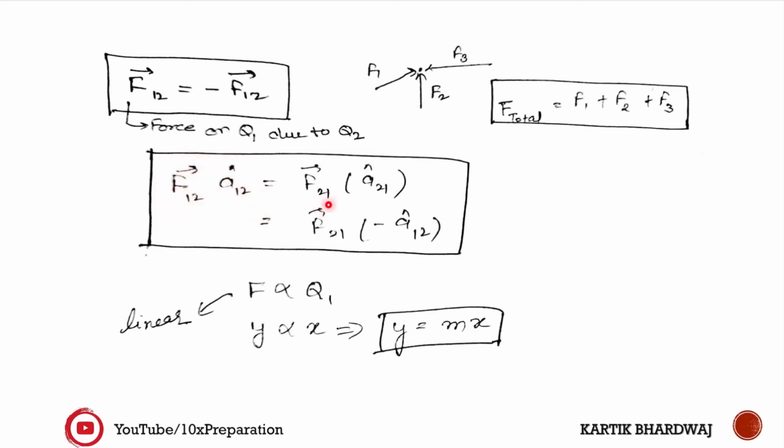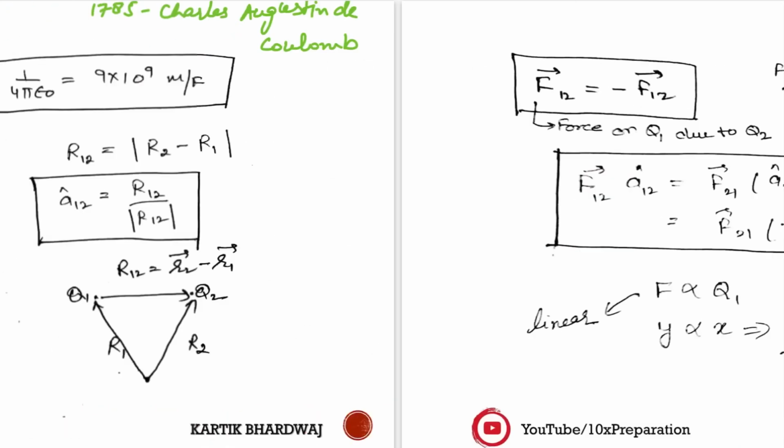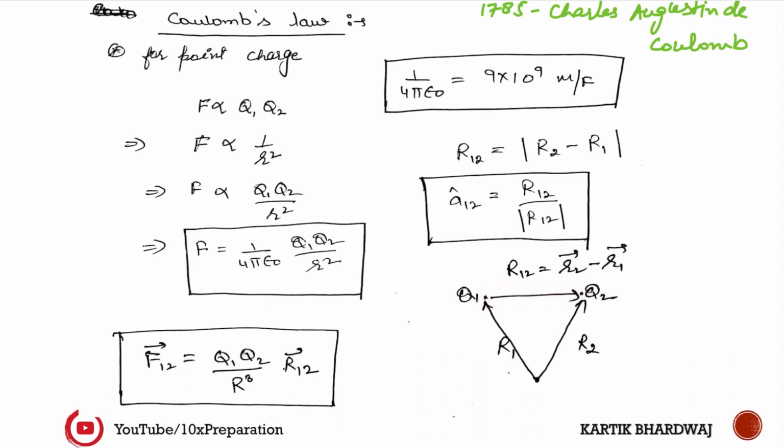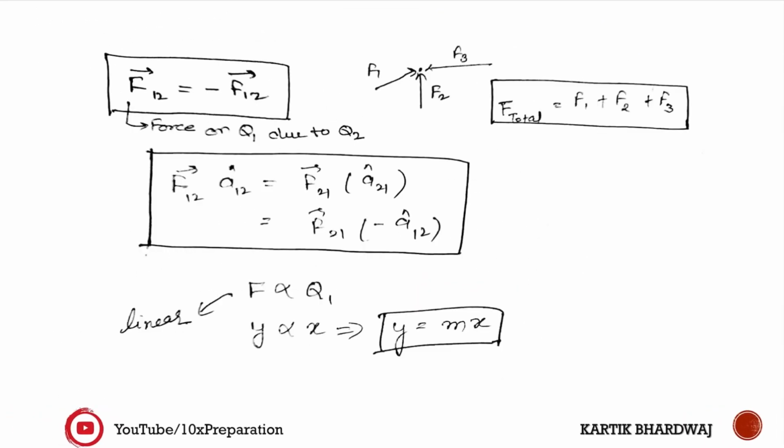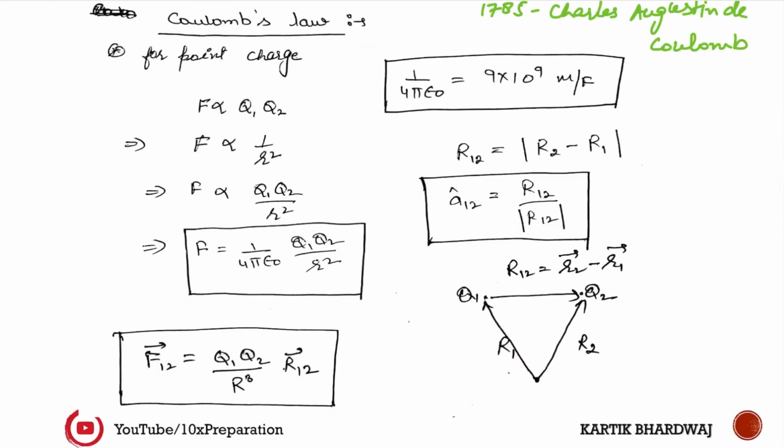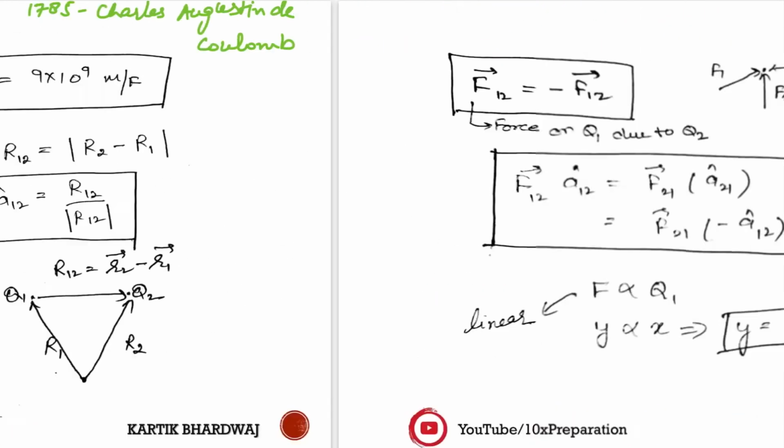If you consider the unit vector in the opposite direction, a cap 21, what is the relation between the two directions? a cap 12 is equal to minus a cap 21. If a12 is like this, then a21 is like this, the opposite of a12.